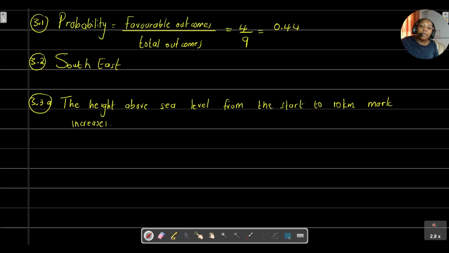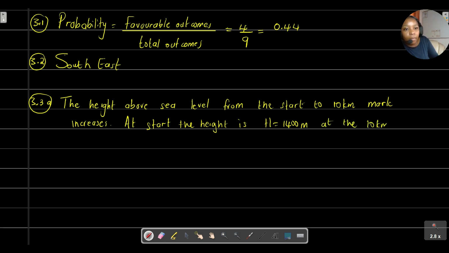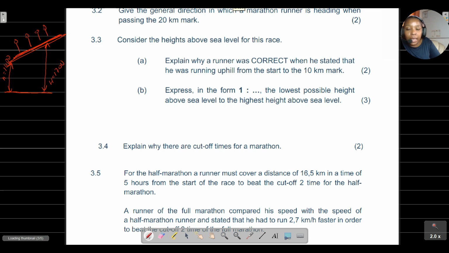So at the start, we saw that the height above sea level is 1,400 meters, and then at the 10-kilometer mark, the height is 1,708 meters. All right, cool. Let's have a look at B.